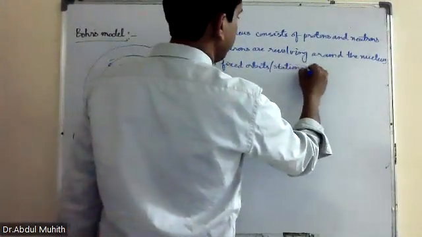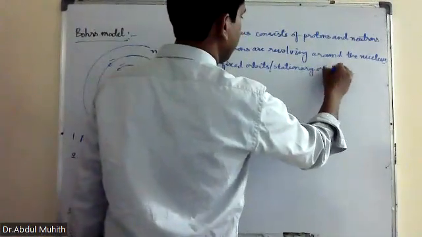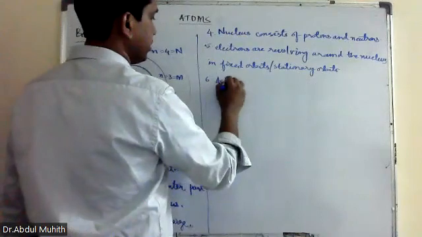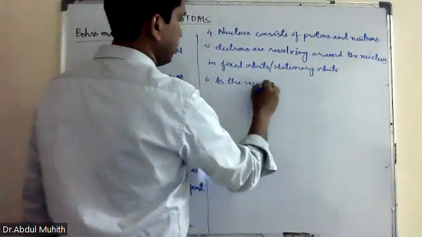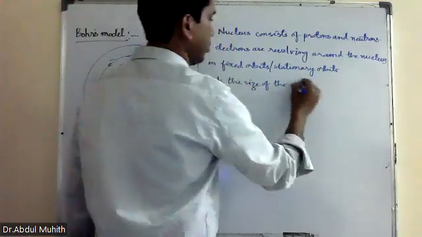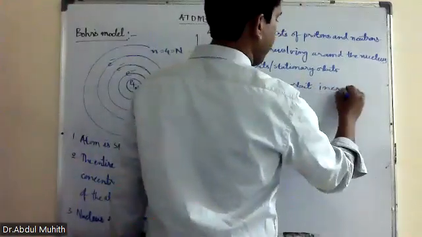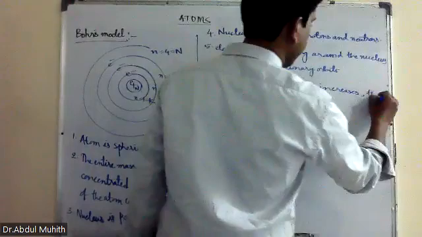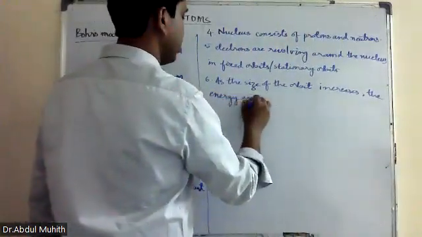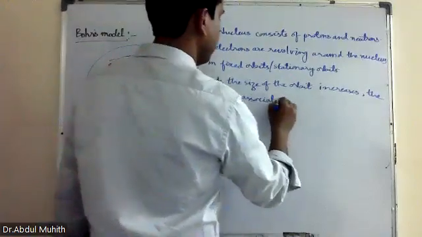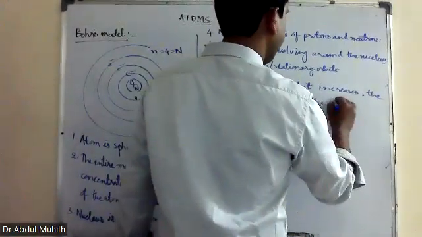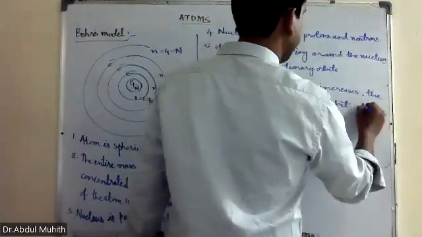As the size of the orbit increases, the energy associated with the orbit also increases.